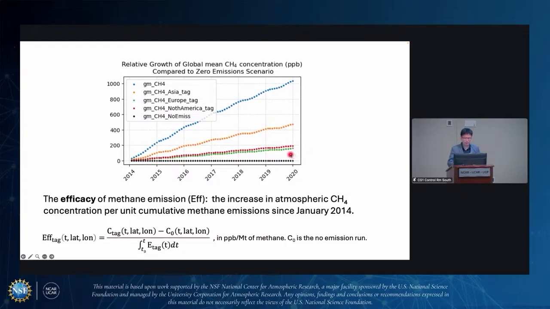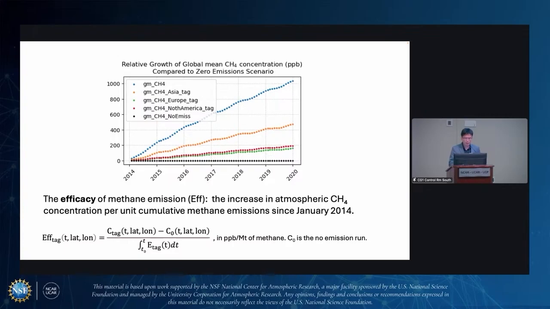The green is the European tag, the red is the North American tag, orange is the Asian tag, and blue is the global total concentration. And we noticed that Asia has the greatest increase in global mean methane concentration because Asia has the strongest emission.